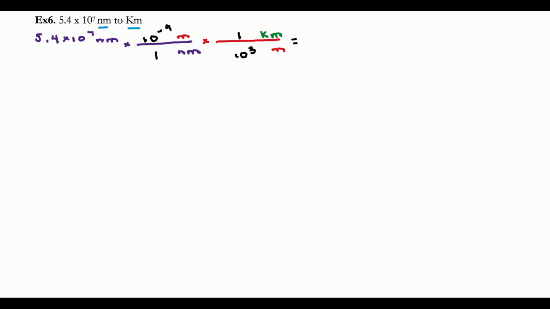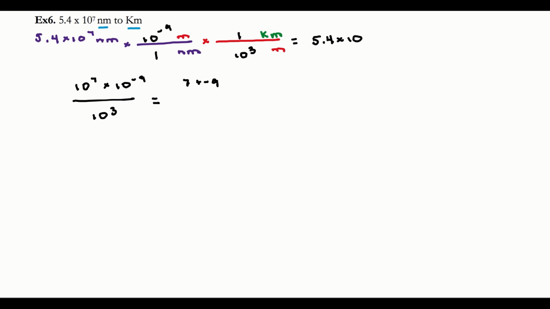Okay, so my answer is going to be 5.4 times 10. Let's do a little bit of math. I have 5.4 times 10 to the 7th, and I'm going to be multiplying by 10 to the negative 9th and then dividing by 10 to the 3rd. Remember, for exponents, 10 to the 7th times 10 to the negative 9th, I add my exponents, so 7 plus negative 9.